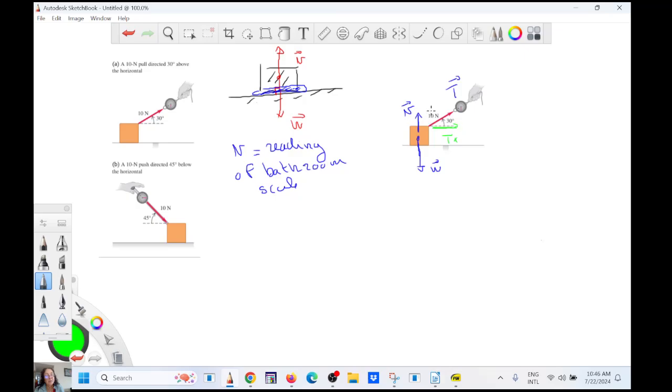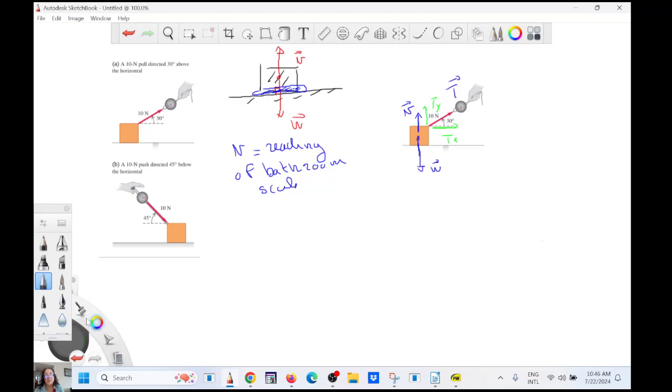In this case, you rise. The component here will be T sub y. So it has an x component and a y component. The y component is lifting the block off the ground, and the x component makes it move forward. We suppose there is no friction.